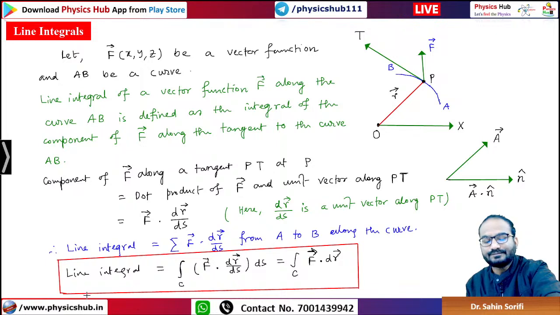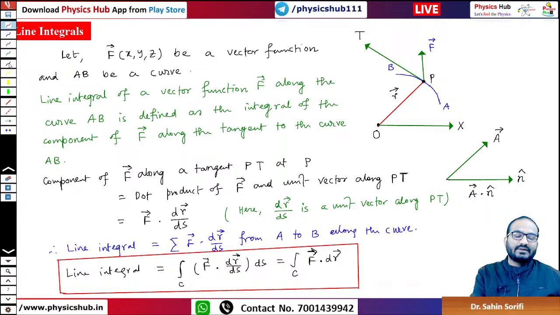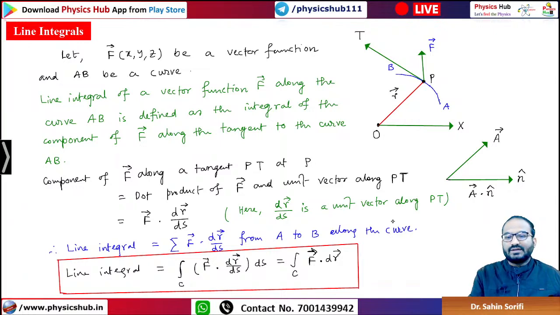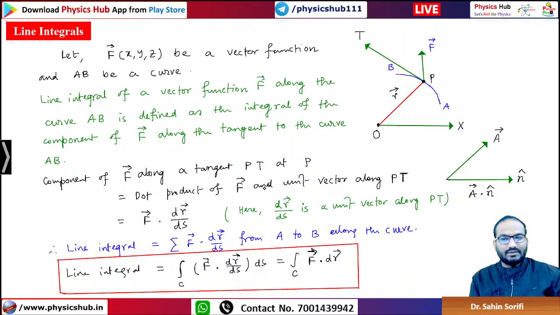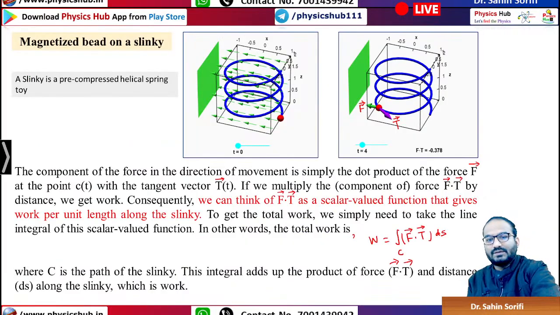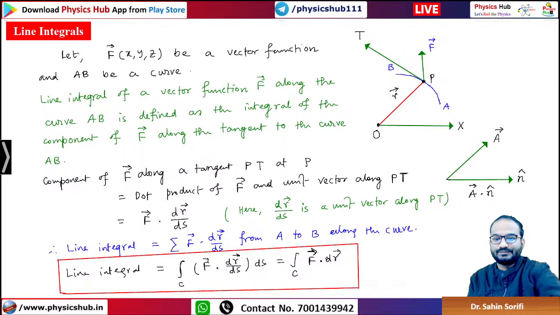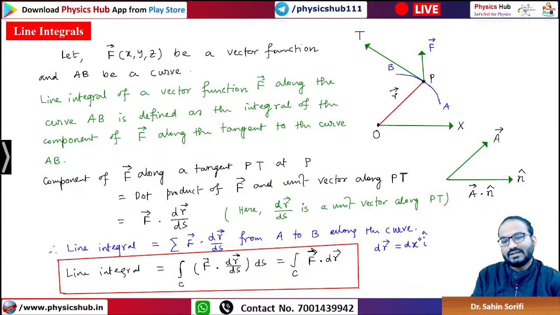Now dr, we can write in different dimensions. If you are given a one-dimensional case, what will you write? And if you are given a two-dimensional case, what will you write? I am writing it here. Depending on the given dimension, in one dimension dr will be dx i cap.